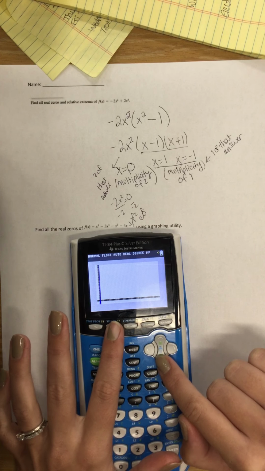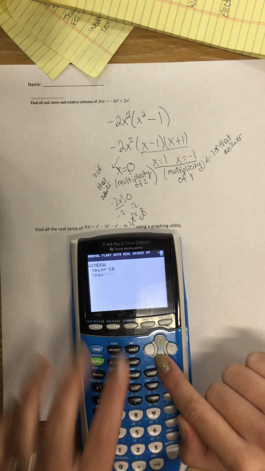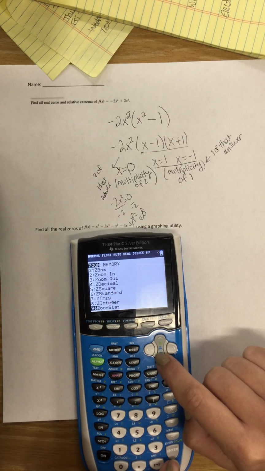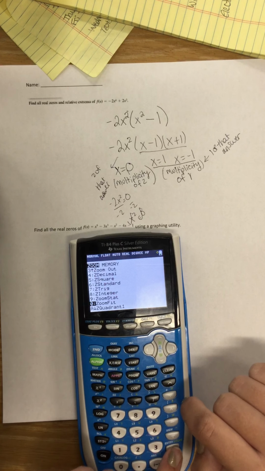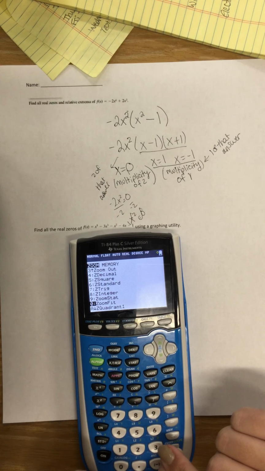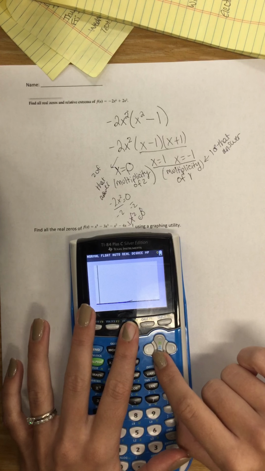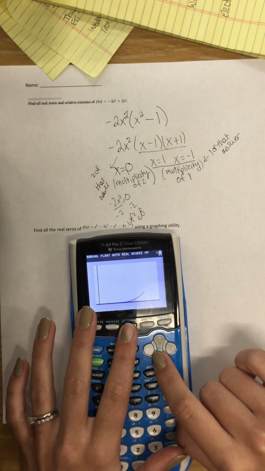I'm going to go to Zoom Fit and see what it gives me. Oops, Zoom. I'm hitting the wrong button. So Zoom Fit. It's loading. We should be able to see. Whoa. Maybe Zoom Fit wasn't so great.